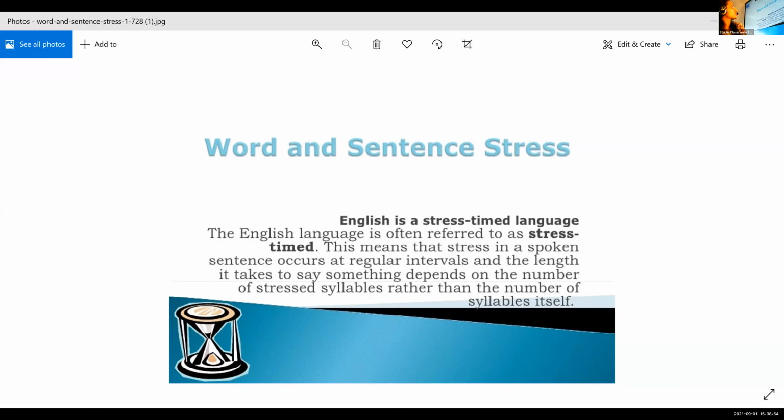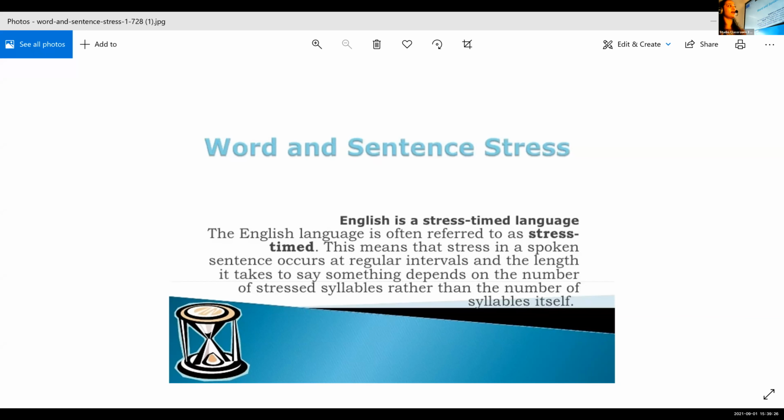the length it takes to say something depends on the number of stressed syllables rather than the number of syllables itself. Like yesterday, I gave you the example of 1, 2, 3, 4, and I added 'and' in between, but I told you that the 'and' does not determine the time of the interval because I squish the 'and', so I still take the same time to complete 1 and 2 and 3 and 4.